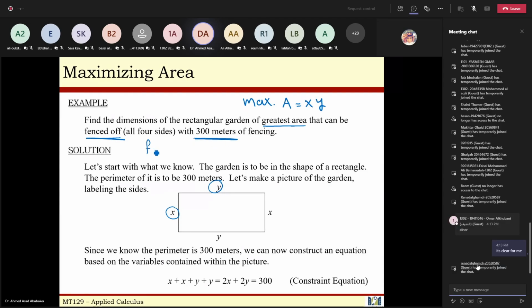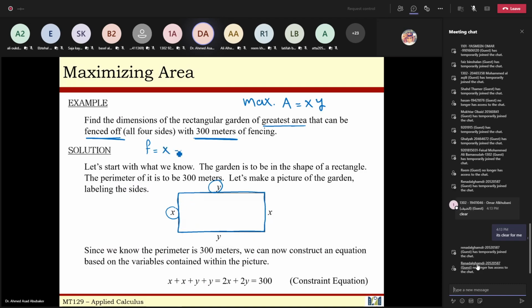The fence is the long side around the rectangular garden, so x plus y plus y must equal 300. This is the relation, and the area is the function we need to maximize.